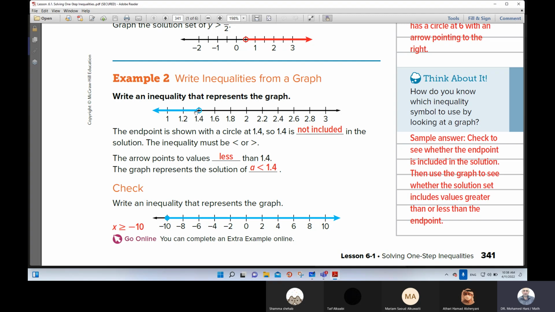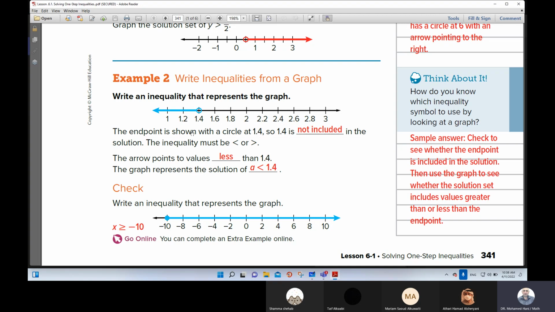Then look at the direction. The direction to the negative side means the solution values are less than 1.4. So you can choose any variable, for example, A, and the values of A less than 1.4, but not equal to 1.4, because 1.4 is not included in this solution.